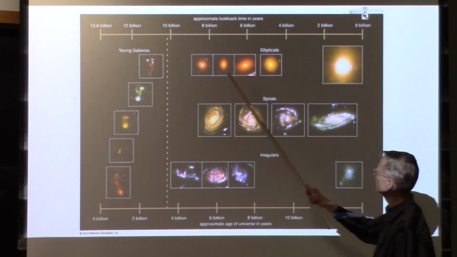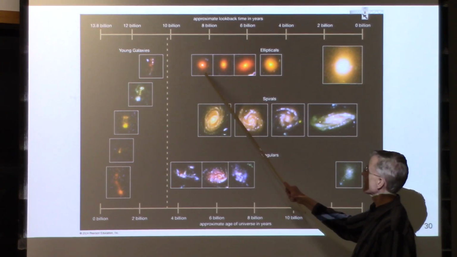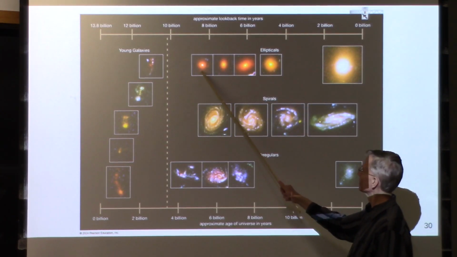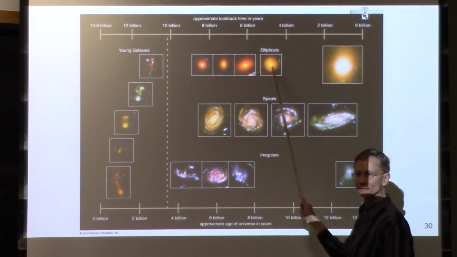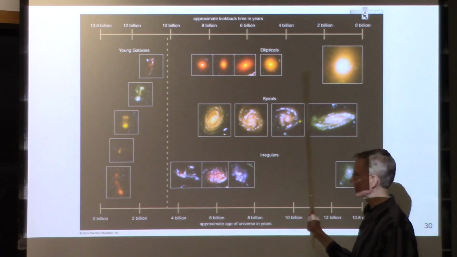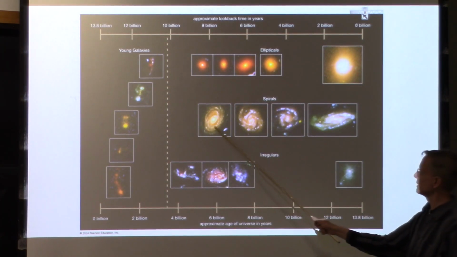Here they are at greater and greater look-back times, while we see ellipticals with look-back times of more than 8 billion years. Does it still look pretty much like an elliptical today? It seems the answer is yes, pretty much. Here's spirals. Here's a spiral with a look-back time of more than 8 billion years.